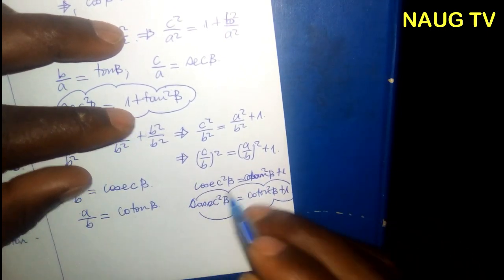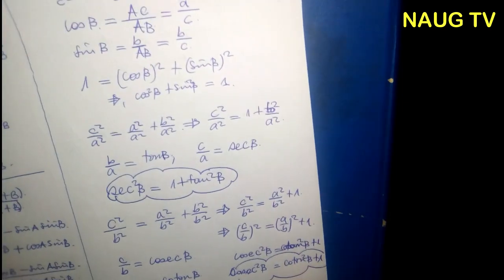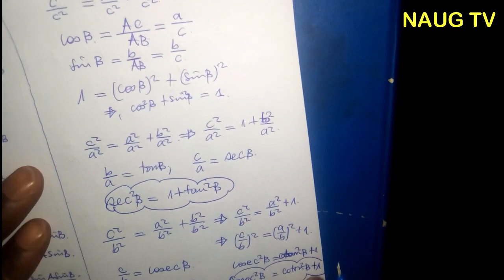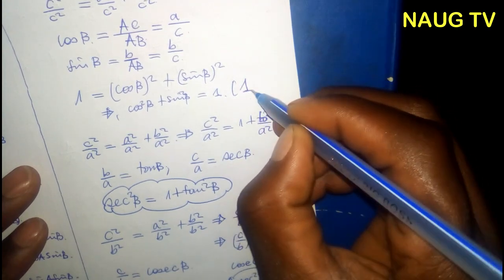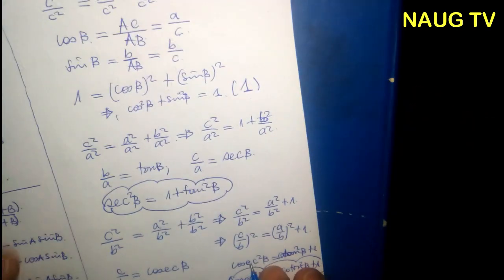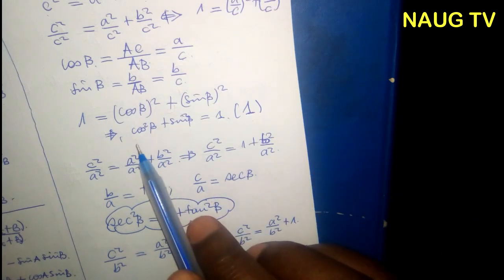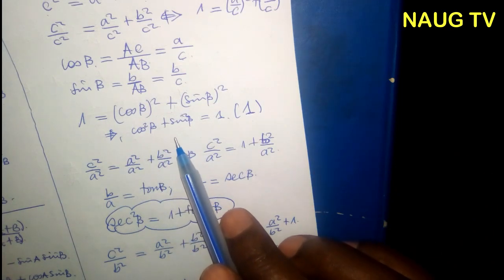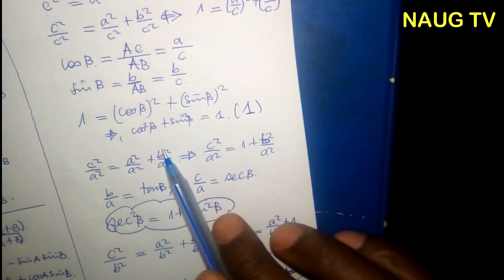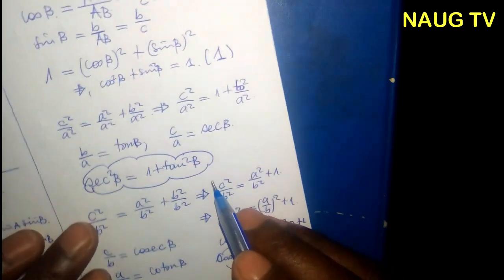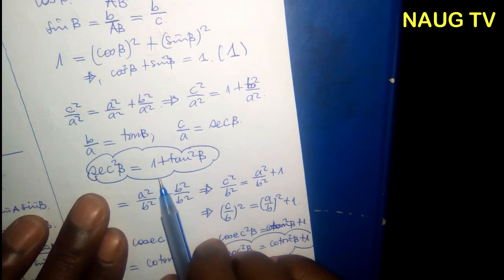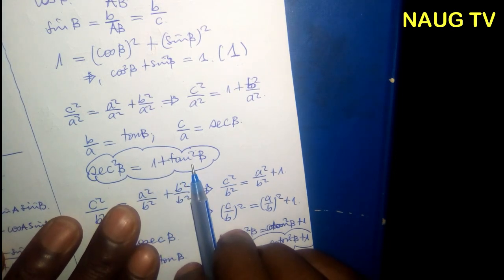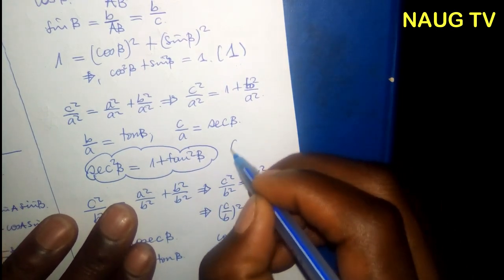So I think we have 3 identities, which are called Pythagorean identities. The first one is cosine beta squared plus sine beta squared equals 1. The second one is that sec beta squared is equal to 1 plus tan beta squared. That is the second one.